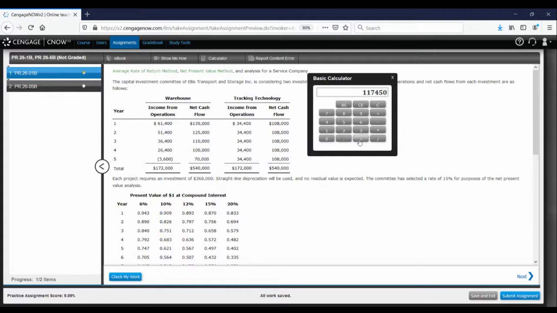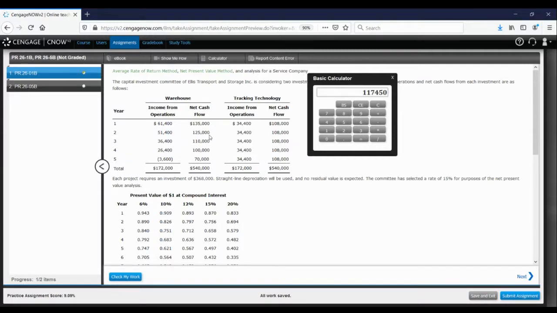And when we multiply that, that will give us the present value of the cash flow in the first year, $117,450. Again, we took $135,000, multiplied it by the table value amount for the first year at 0.870, and that will give you the present value amount of $135,000 in year 1.